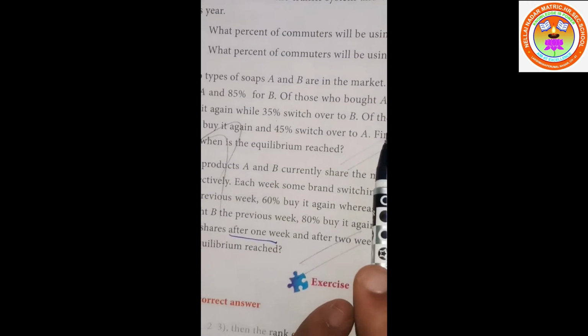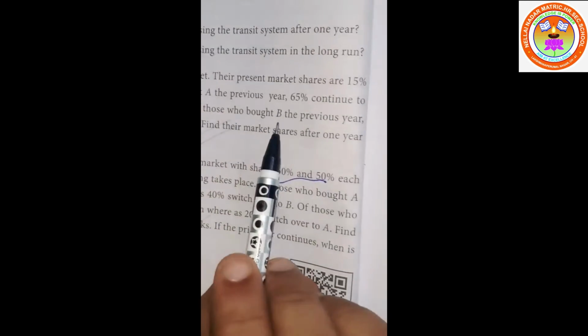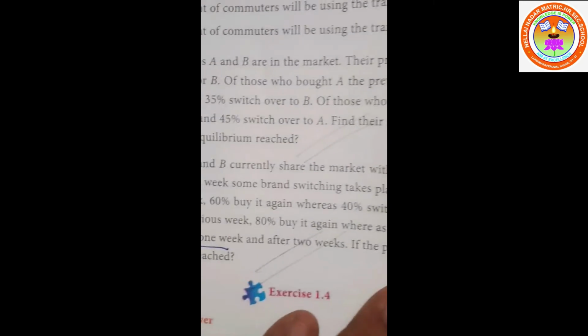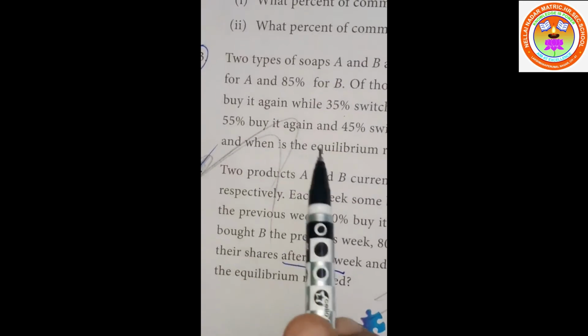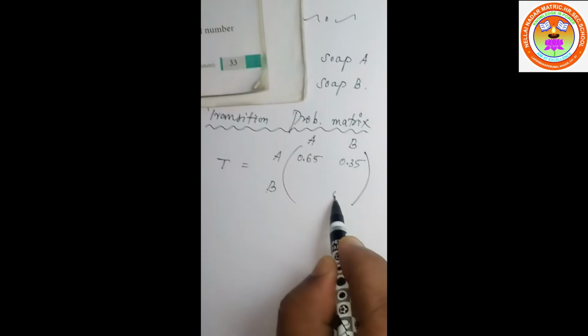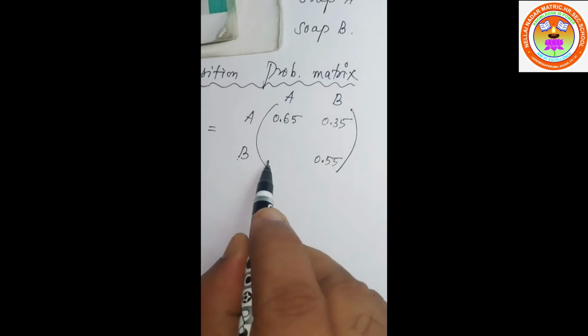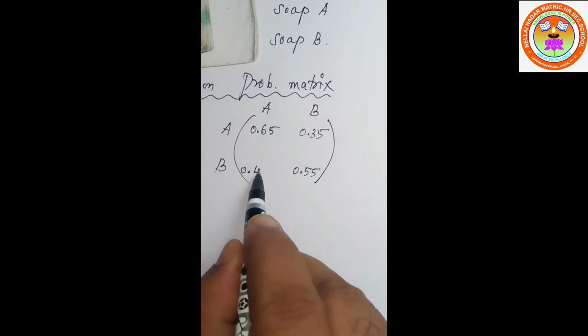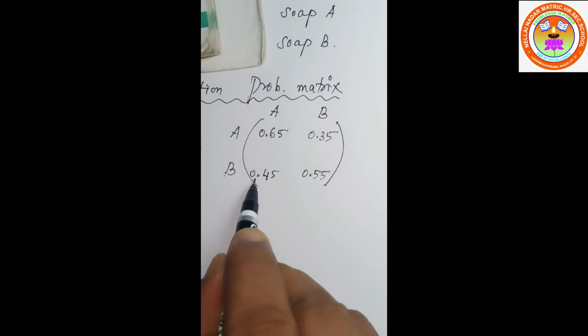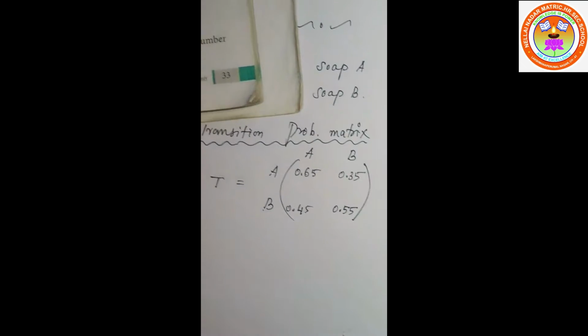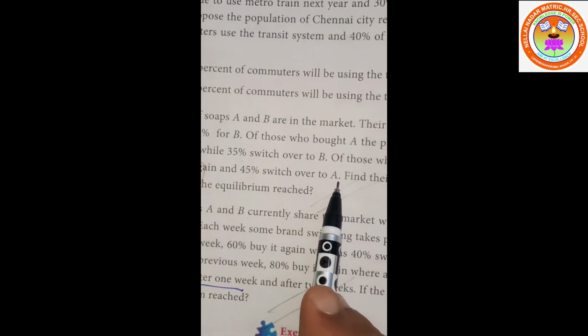Second condition, of those who bought B the previous year, 55% buy it again. So B with B, 55%, 0.55. So what about the balance? 45%, correct? 55% plus 45%, 100%. That is given in the question also. Here, 45% switch over to A.